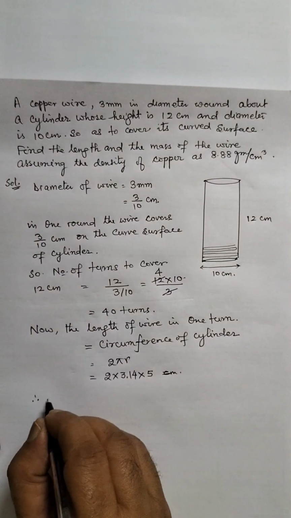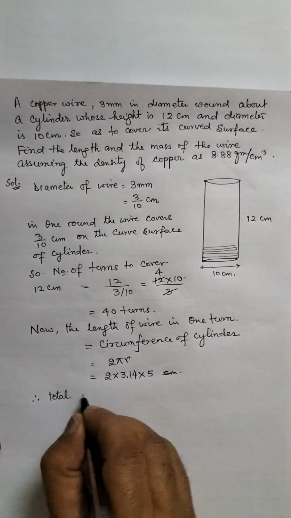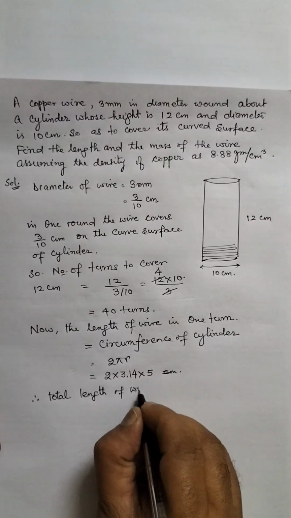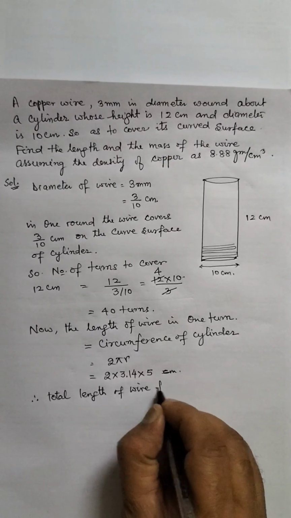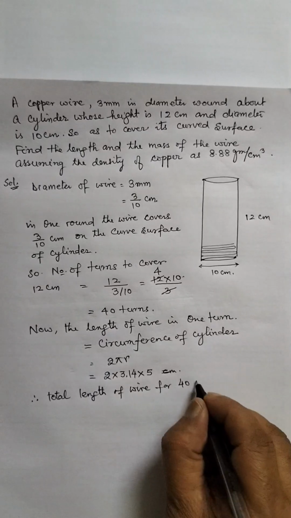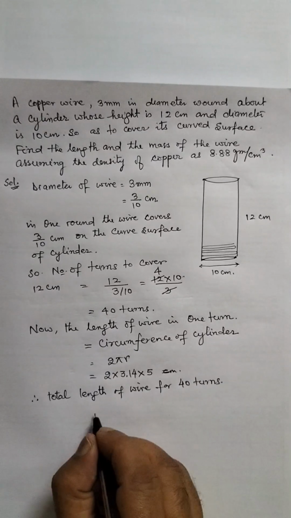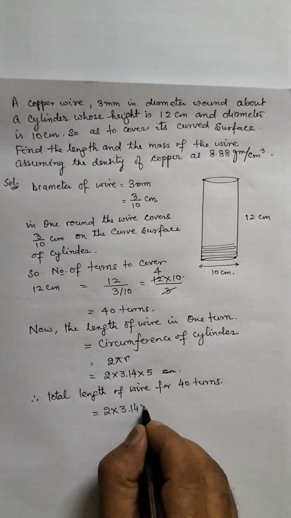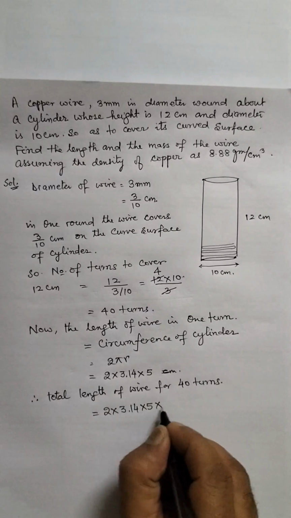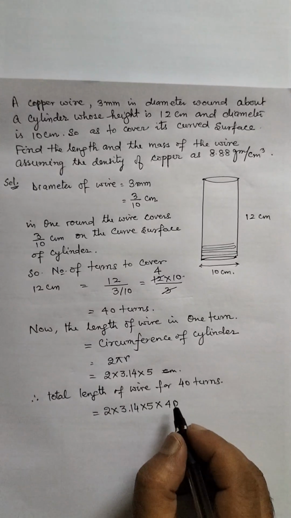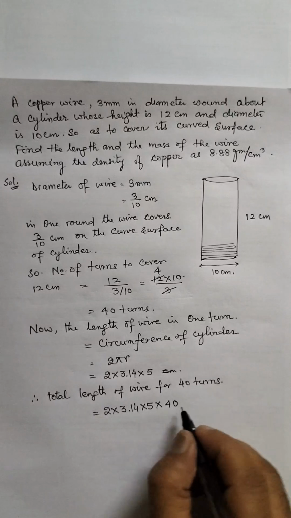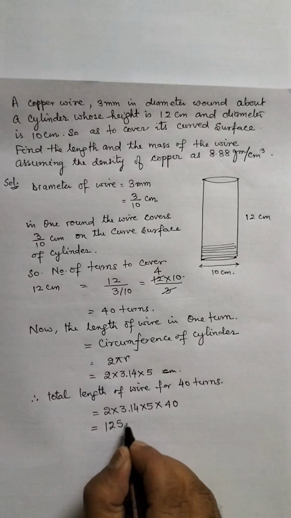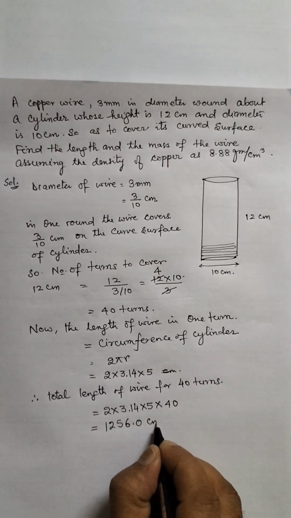So total length of wire for 40 turns will be 2 into 3.14 multiplied by 5 into 40, which on simplifying will give 1256 centimeter.